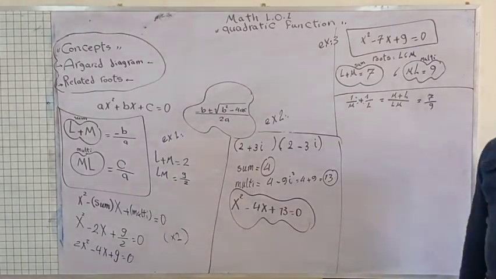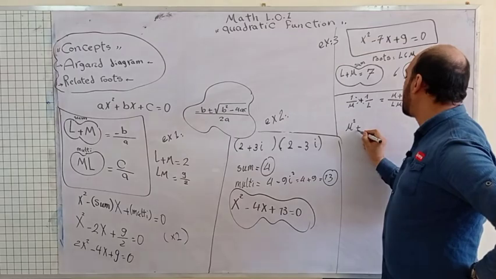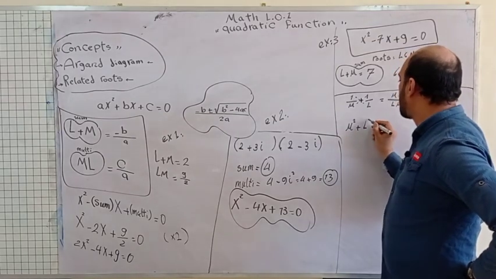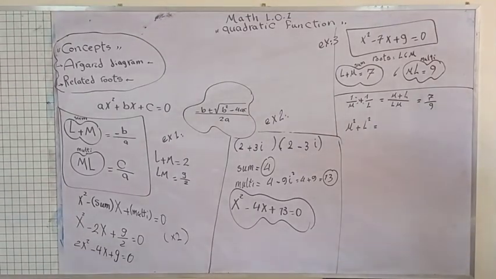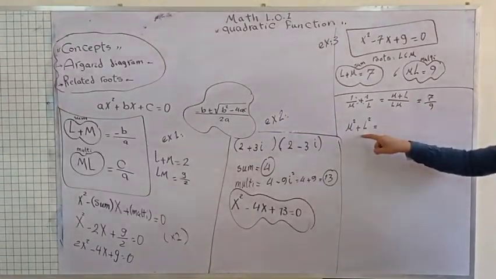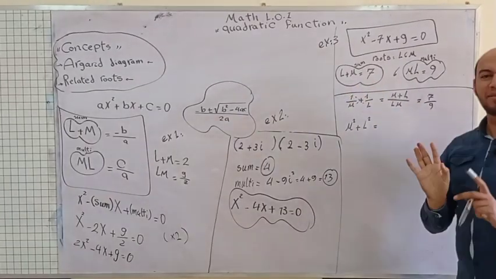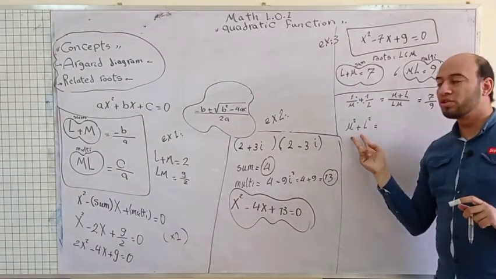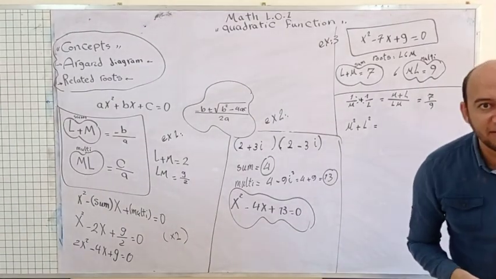Now, tell me the value of M square plus L square. How can you get this value? From these values, I have L plus M, but you want L square plus M square. How can I get it?